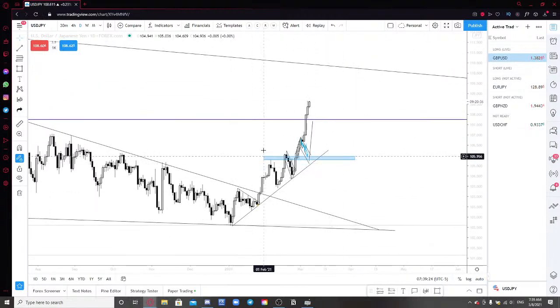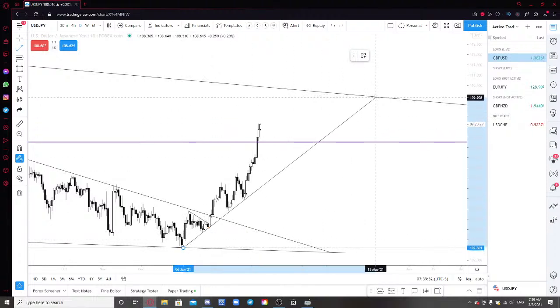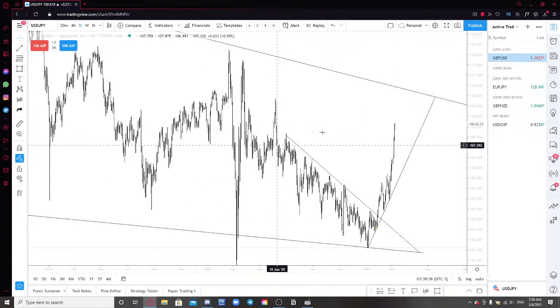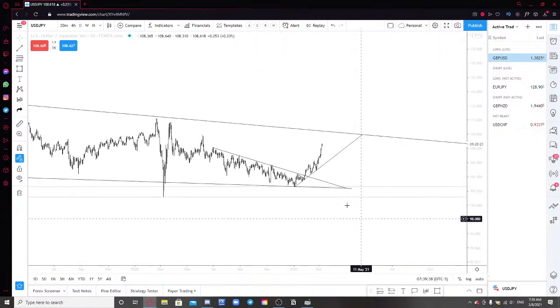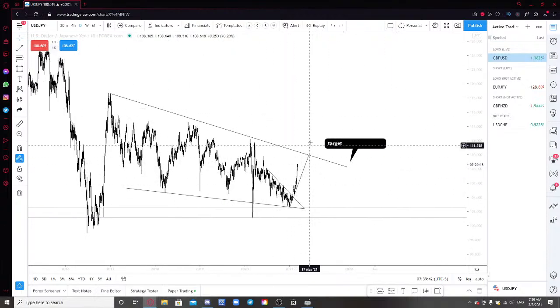Let's go ahead and delete this stuff. So the smart thing to do here is wait for a correction. That's pretty much it. Also watch for price to break out of this.